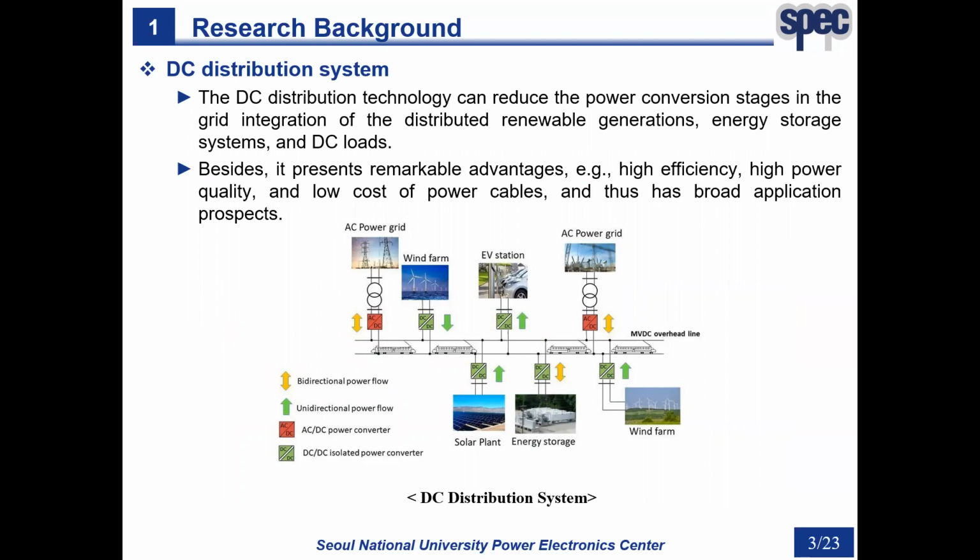DC distribution technology can reduce the power conversion stages in the grid integration of the distributed renewable generations, energy storage systems, and DC loads. Besides, DC distribution presents remarkable advantages such as high efficiency, high power quality, and low cost of power cables, and thus has broad application prospects.